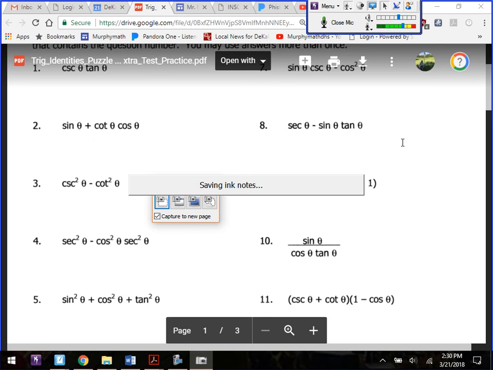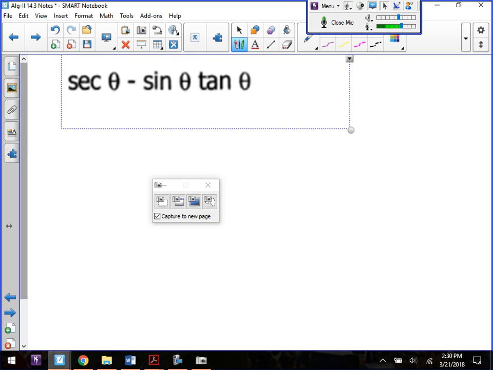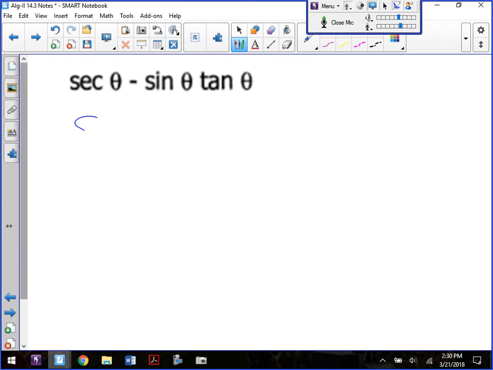Sometimes you have subtraction or addition between terms. There is a top tip for this. Secant minus sine tangent. Again, rewrite everything in terms of sines and cosines.